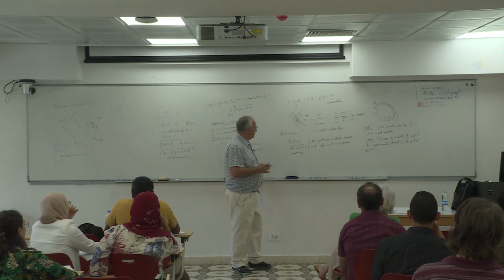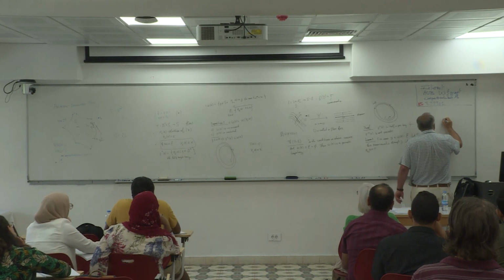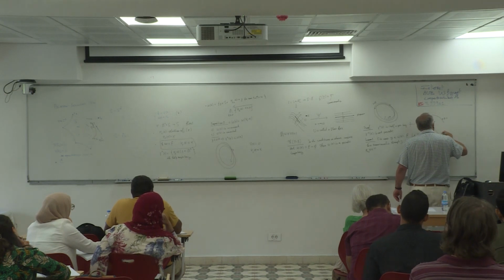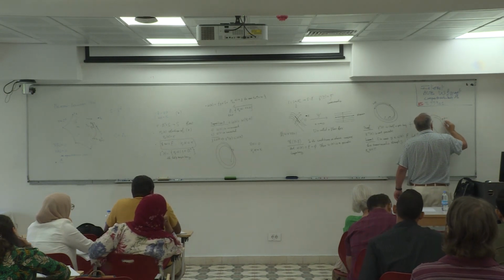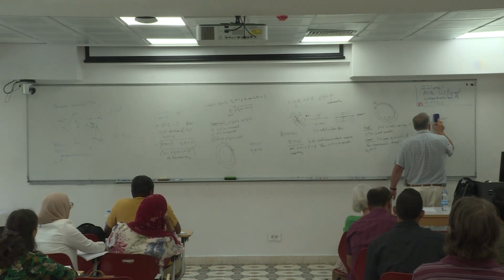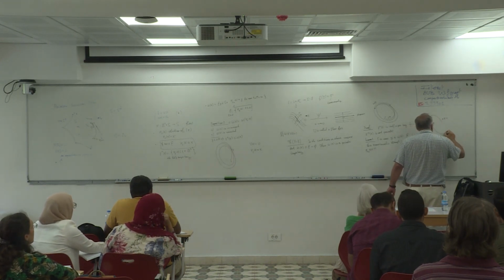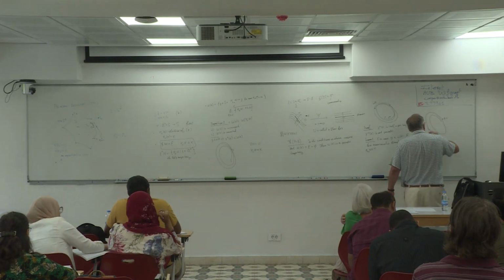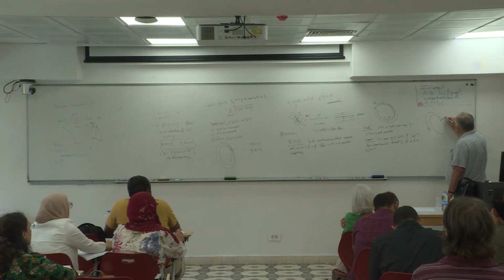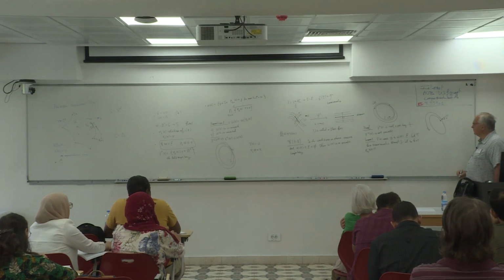Let me give another y0. I have a trajectory which approaches this y0. I take some transversalis through y0, and I take some point of intersection.